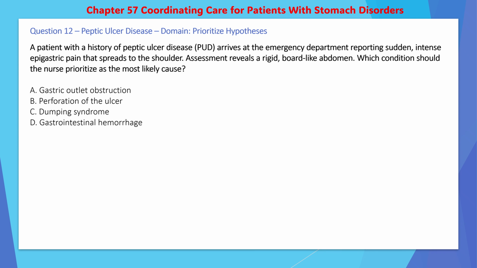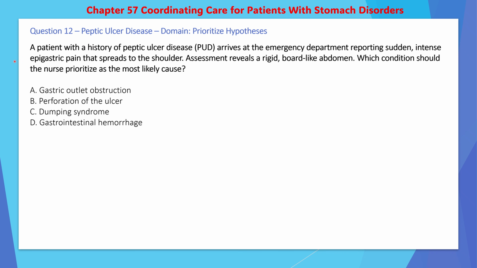Which condition should the nurse prioritize as the most likely cause? Gastric outlet obstruction, perforation of the ulcer, dumping syndrome, or gastrointestinal hemorrhage.